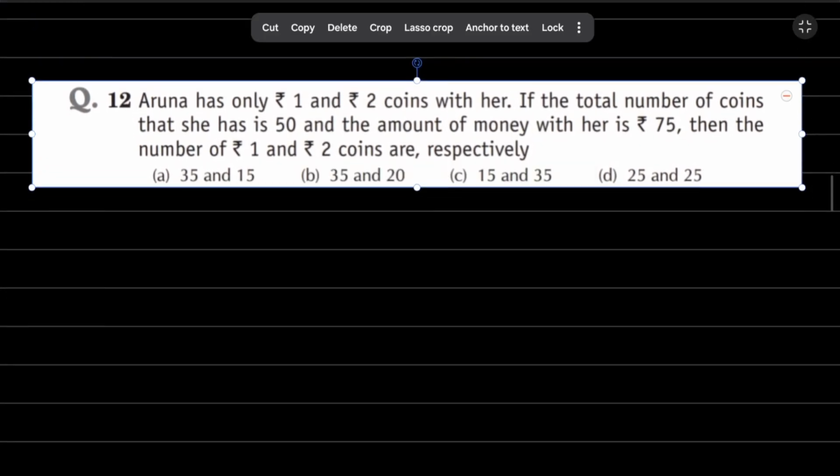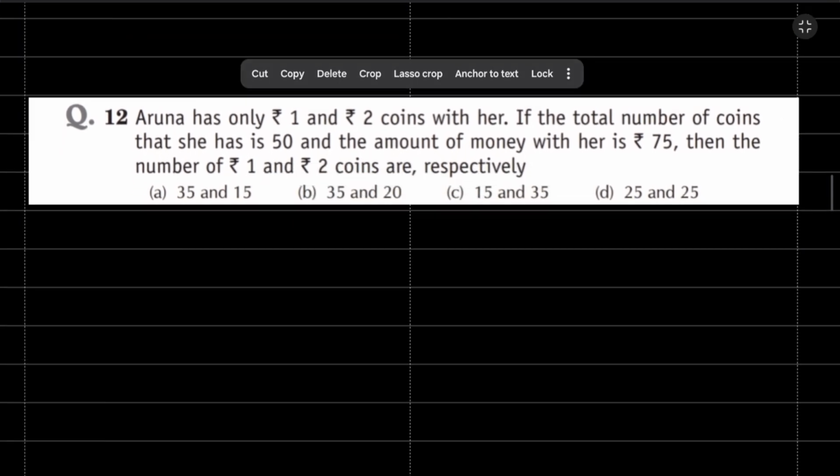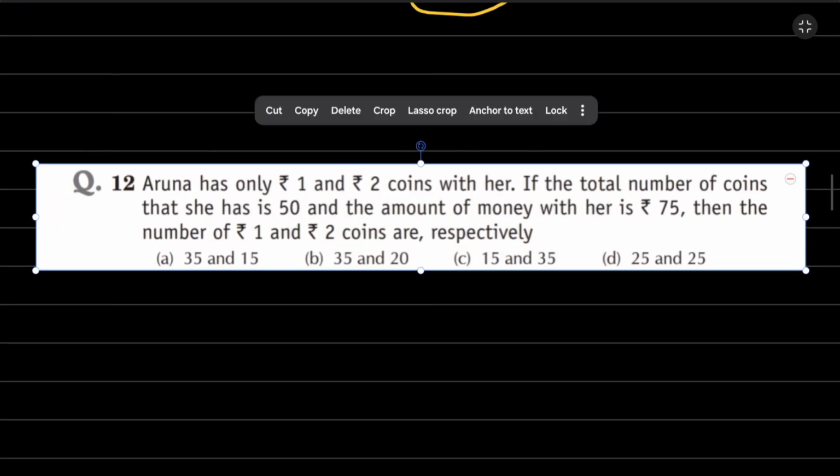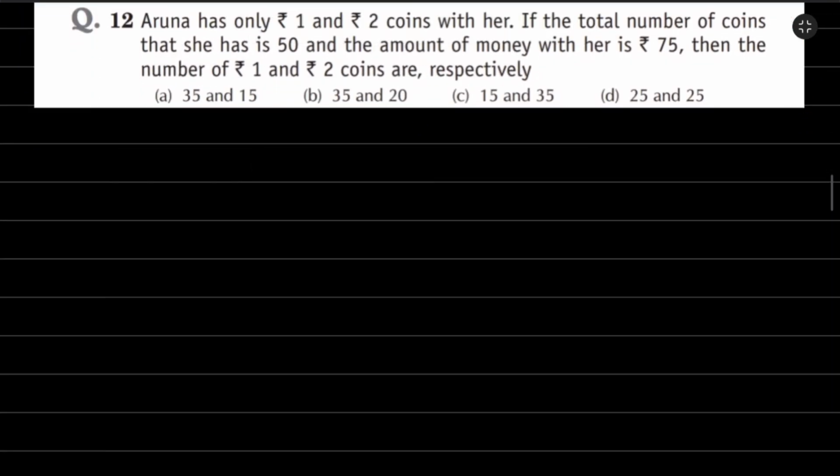Aruna has only 1 and 2 rupee coins with her. If the total number of coins that she has is 50 and the amount of money with her is rupees 75, then find the number of rupee 1 and rupee 2 coins. Again, this is a very good question.